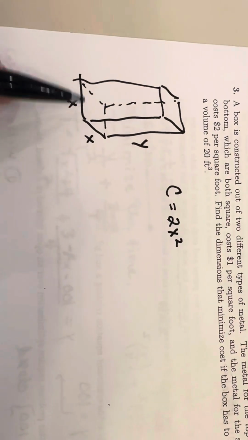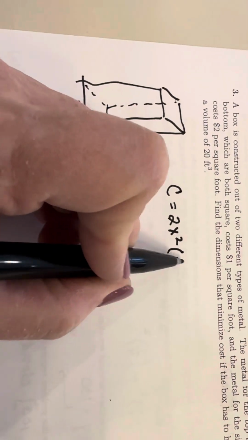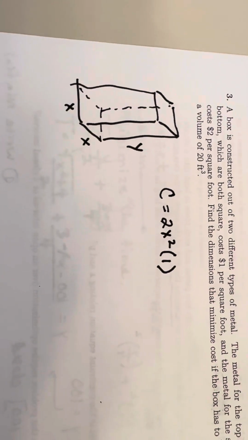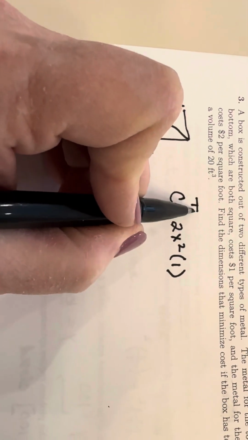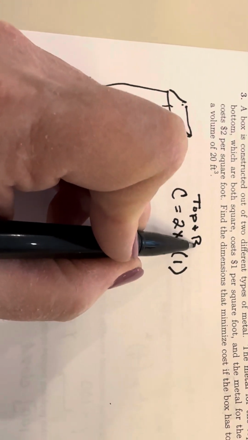That's the area of the top and the bottom added up, times the price, which is 1. Okay, so that's your cost. And now we'll talk about the sides. The sides cost $2 per square foot. So this, again, be clear, top and bottom, label.